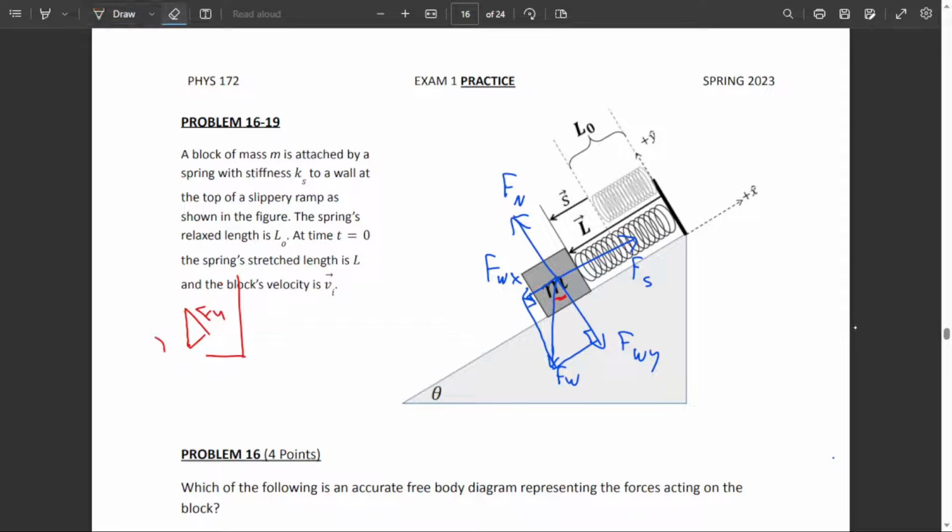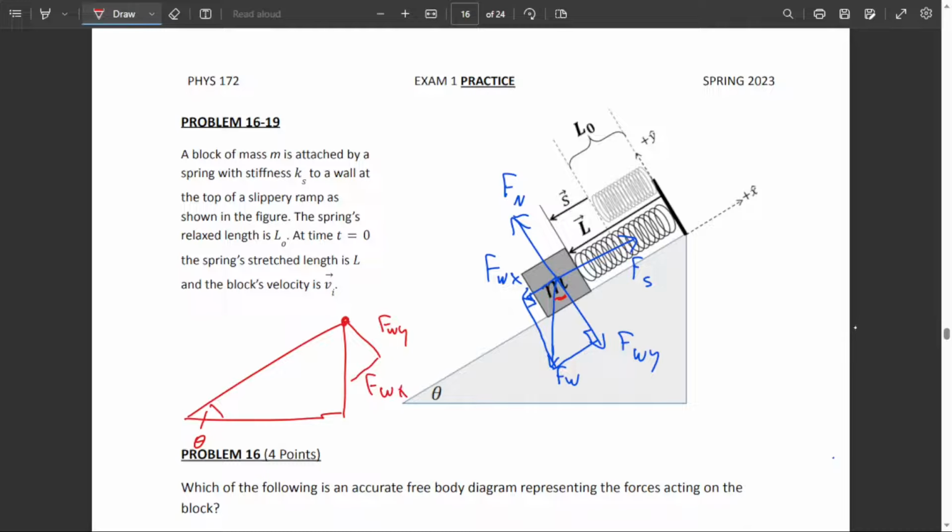If we imagine, let's do it like this. So we have our slope, theta, and then if we put all of our forces at this corner, then we have F of y, force of weight in the y direction, and then this is force of weight in the x, right angle.